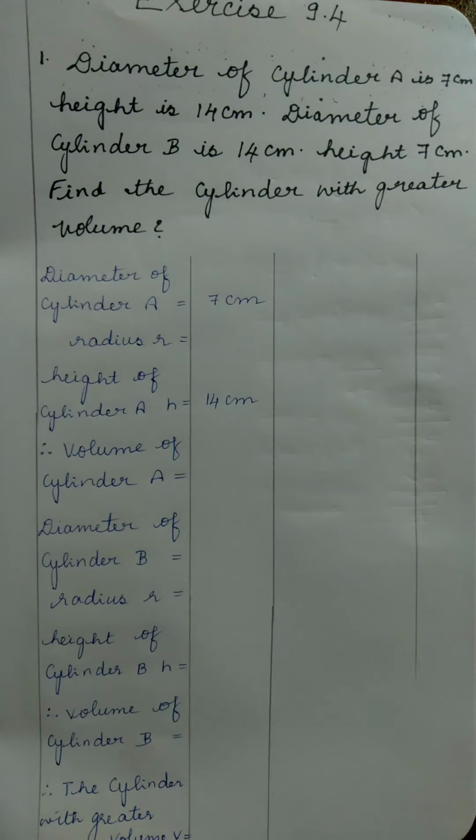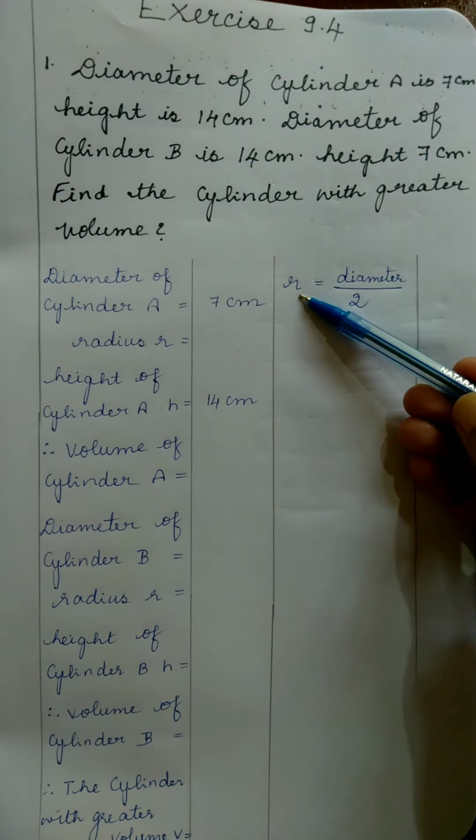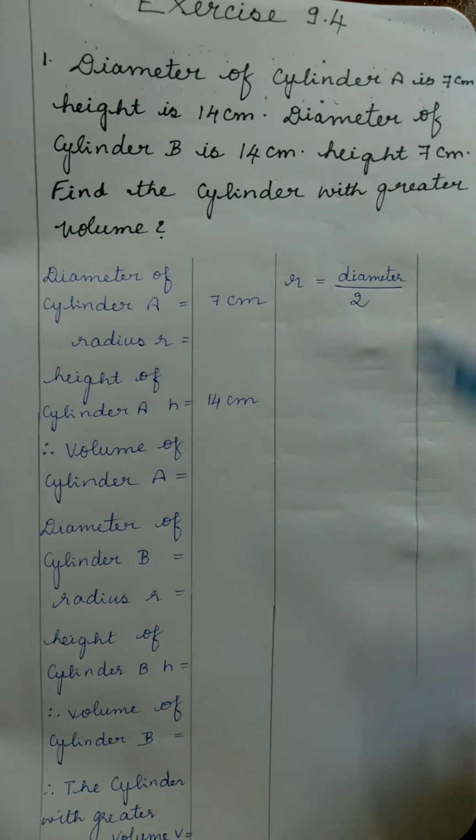So it is clear from the problem that we need to find out the volume of cylinder A and the volume of cylinder B. To find the volume of a cylinder, the formula is pi r square h. So we need to find out the value of the radius from the diameter. We know that to find the radius, we have the formula diameter divided by 2.